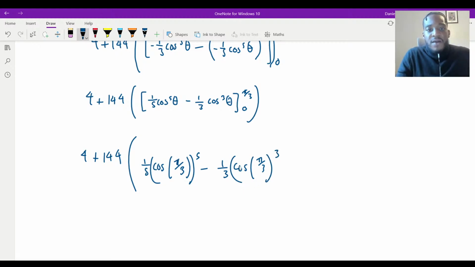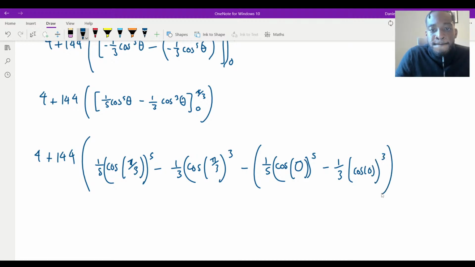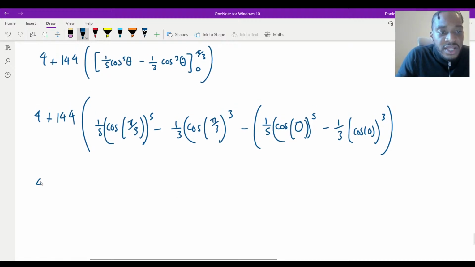That's going to be the upper limit, and I'm going to take away the lower limit, which is 1 over 5 and then cosine of 0 to the 5, like that, and then minus 1 over 3 and then cosine of 0 to the power of 3, like that. And then now we're nearly done. 4 plus 144 in the bracket, and then I'm going to put that in my calculator and see what I get.